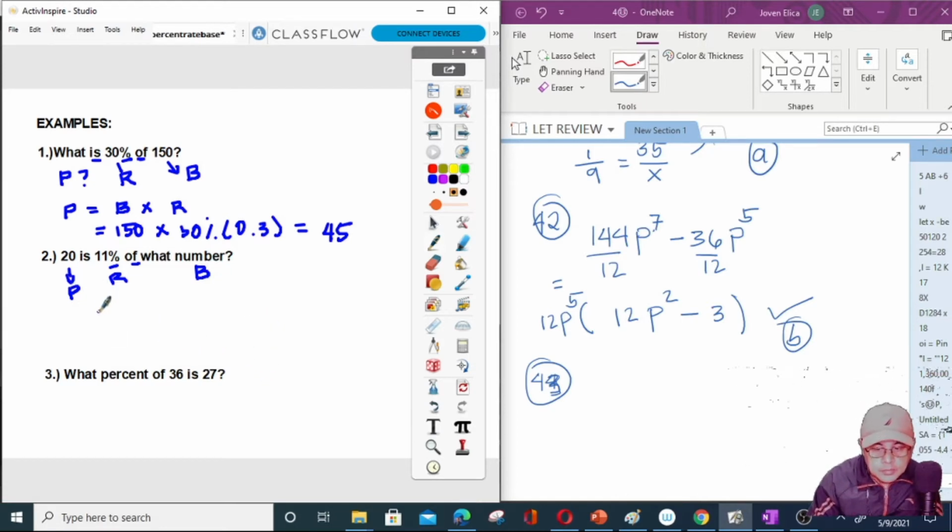So therefore, we are asked to find the base. So to find the base, from the given formula, base equals P over R, which is equal to 20 over 0.11.